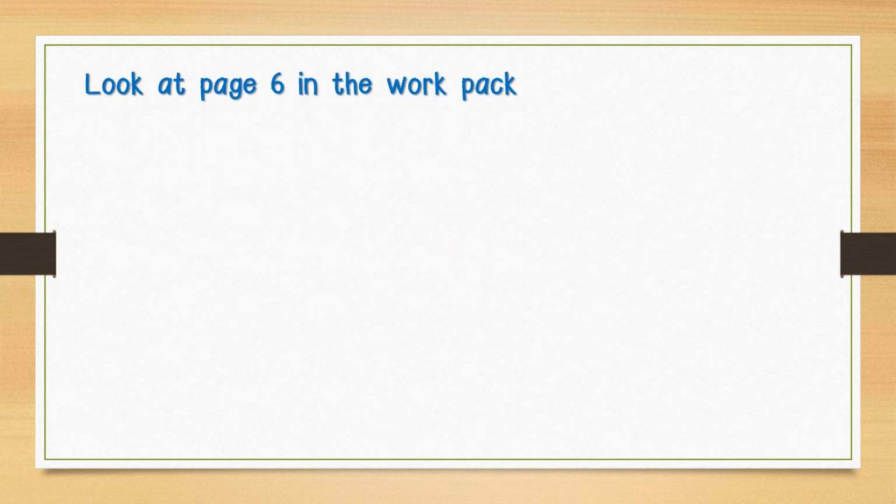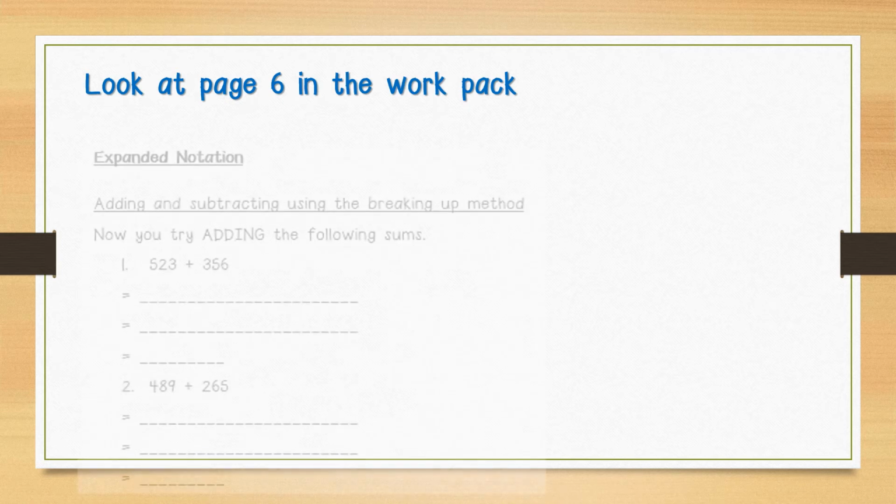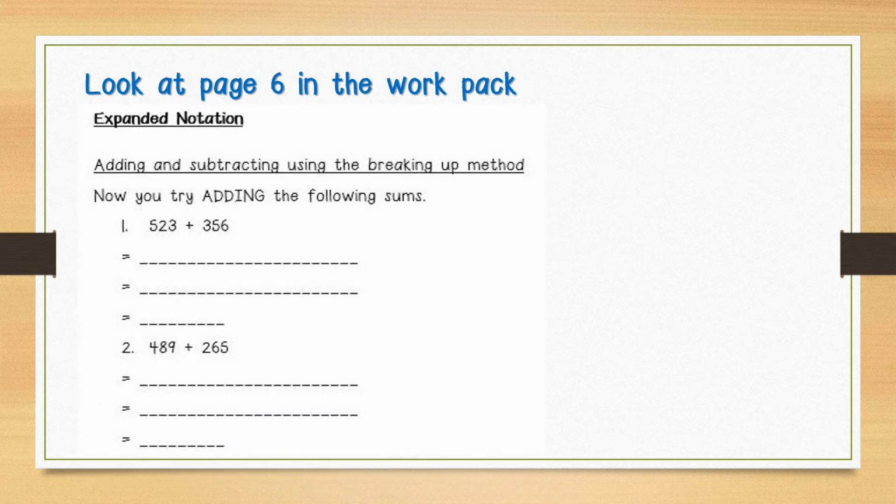Now let's look at page 6 in the workpack. It said expanded notation, adding and subtracting using the breaking up method. So we've done one example. So now let's try number 1 and see how we could do that one.